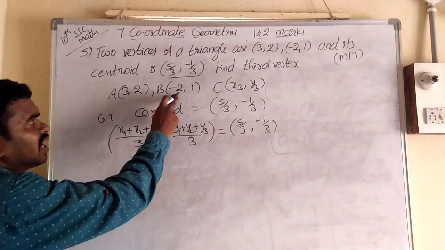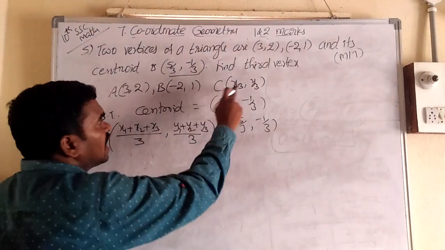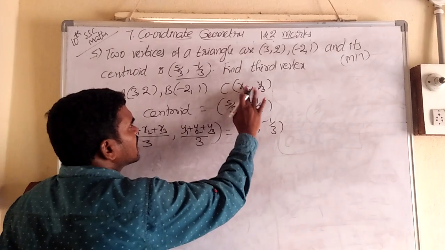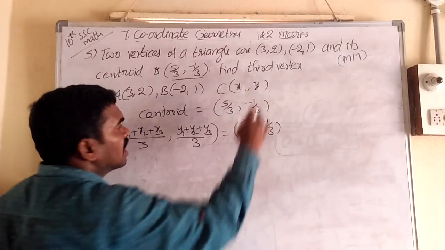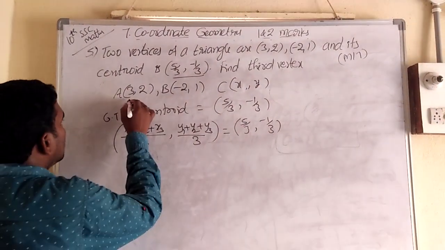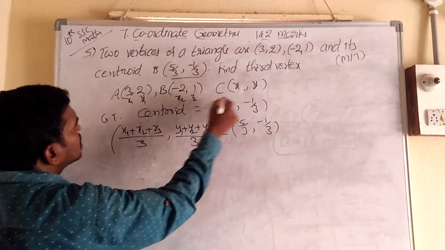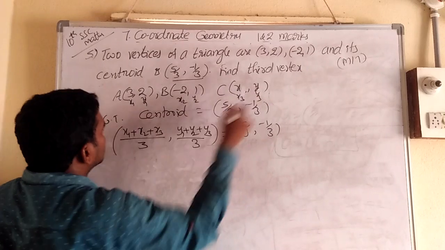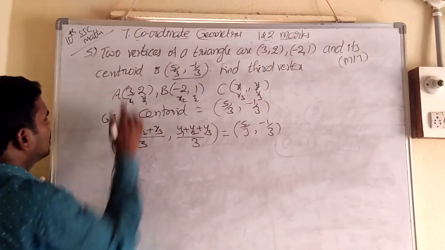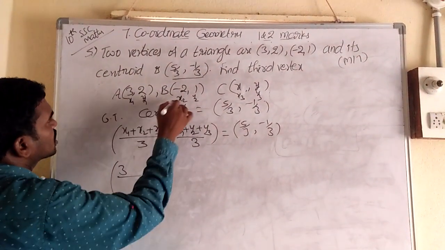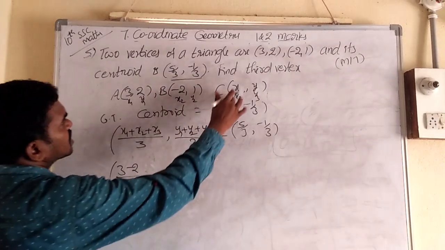Here A and B are given, C is not given. I have assumed (x3, y3). You can take (x, y) also, no problem. So this is x1, y1, this is x2, y2, this is x3, y3. Substitute in the formula. What is x1? 3. What is x2? Minus 2. What is x3? x.